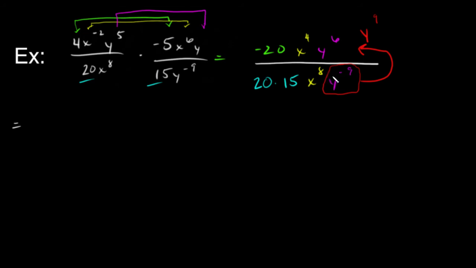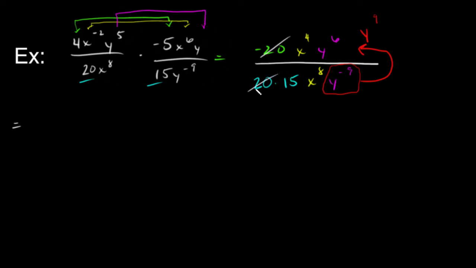It might be an oversimplification, but in basic terms, this is what happens. So the reason I broke this down into just 20 times 15 still is because the 20s will cancel. There's a 20 up here and a 20 down here.